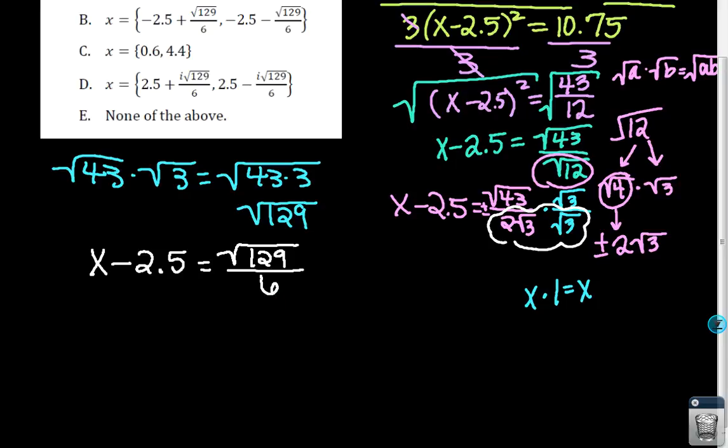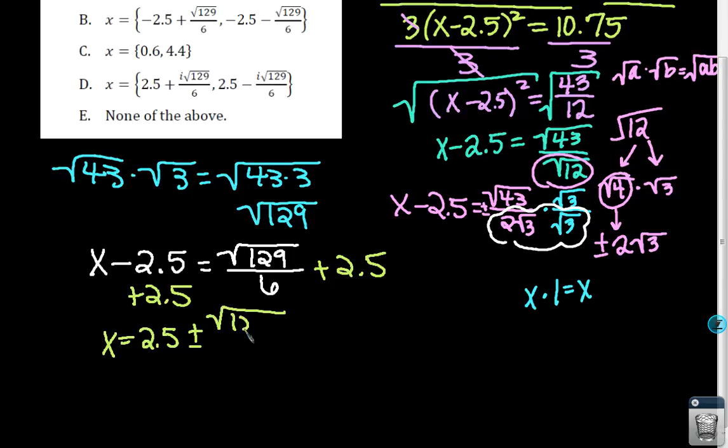And then I'm going to continue solving. So I'm going to add 2.5 to both sides of my equation. And I have x equals 2.5 plus or minus the square root of 129 over 6. And at this point, all I need to do is split this into two separate values.